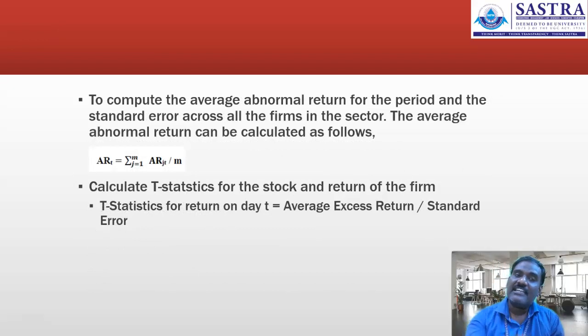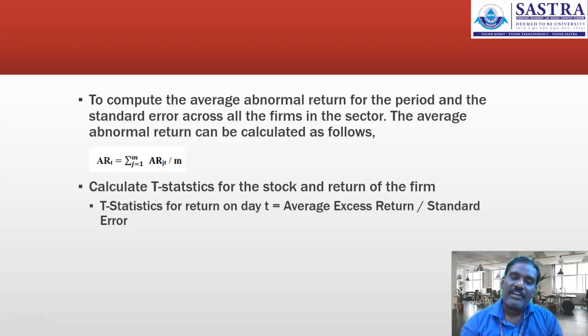It means the summation of the abnormal return generated during the specific period of time, divided by M. M here is the number of firms in the event study. Finally, you need to estimate the t statistic. For the t statistic, it is required to calculate the standard error.